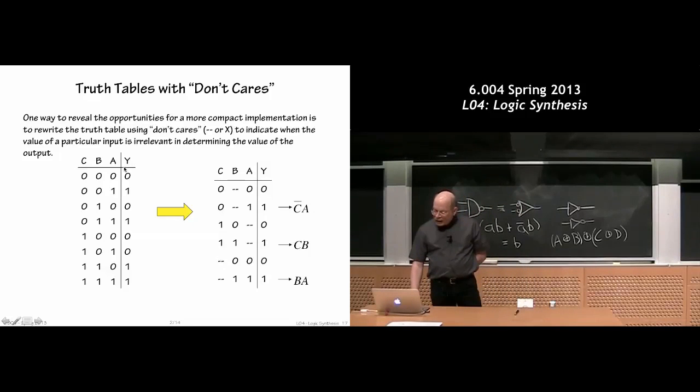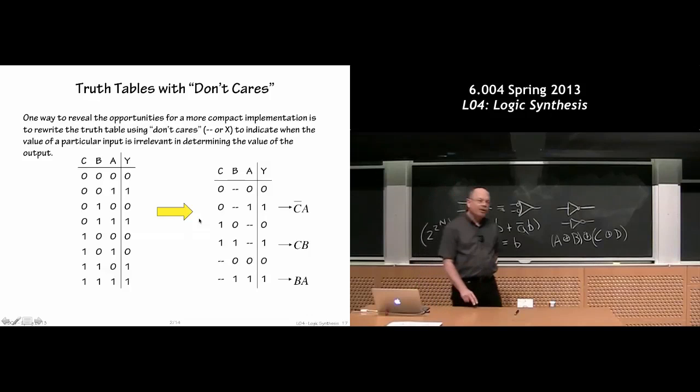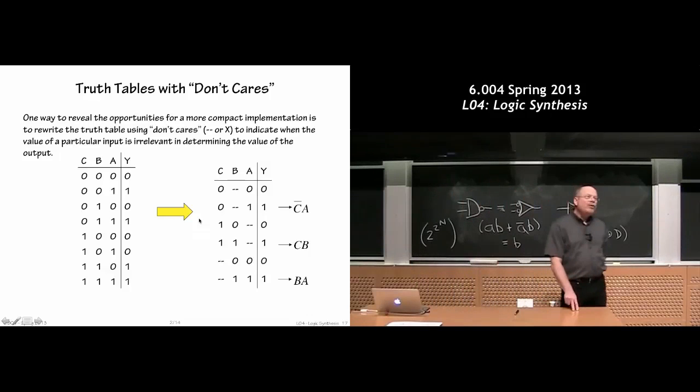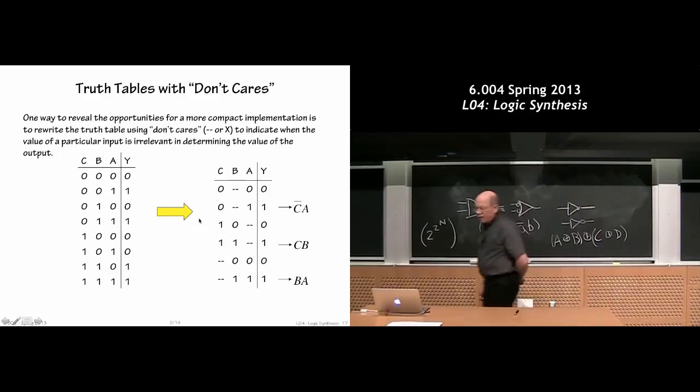So, for example, in the first 2 rows, when C is 0, the value of B doesn't matter, right? So I've rewritten that. These first 4 rows I've rewritten as just 2 rows with don't cares. So the don't cares are useful to us because they will allow us to implement more compact logic.